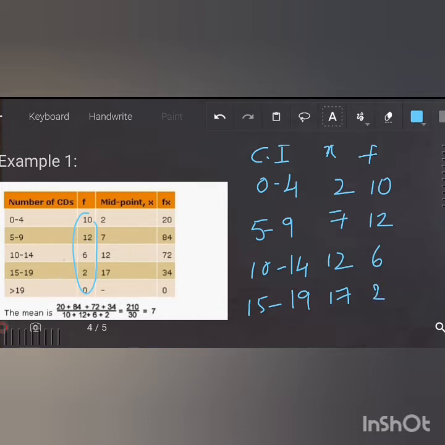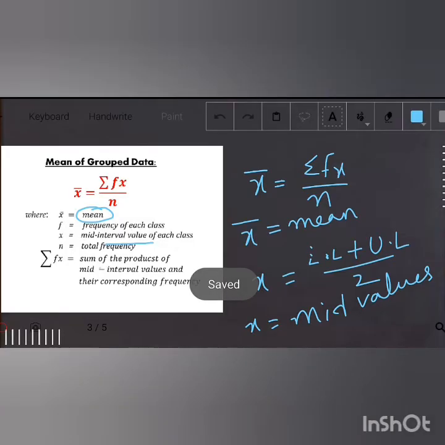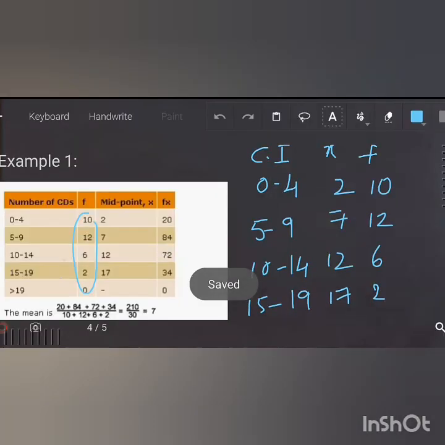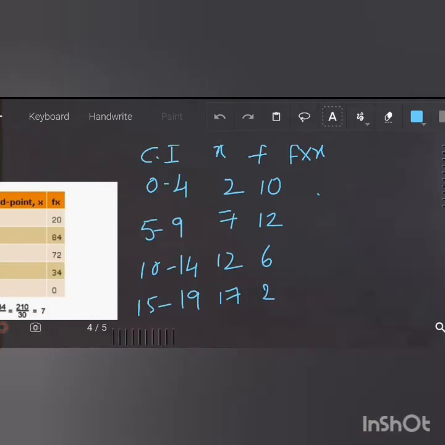Now according to the formula here, we have to find out sigma fx. fx is nothing but f into x. Let us first find out f into x here. f into x: here 10 into 2 equal to 20.